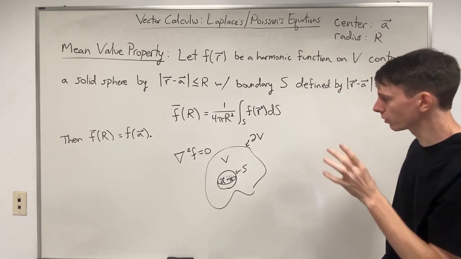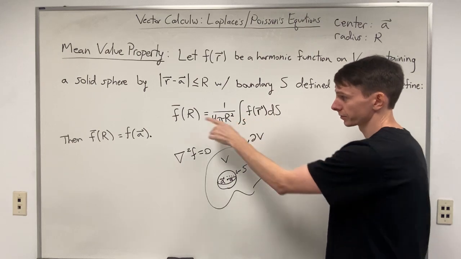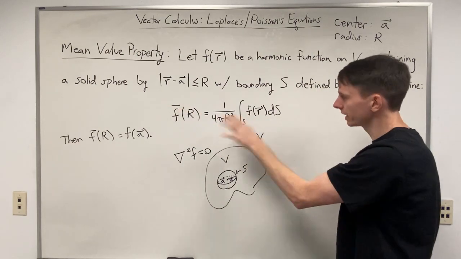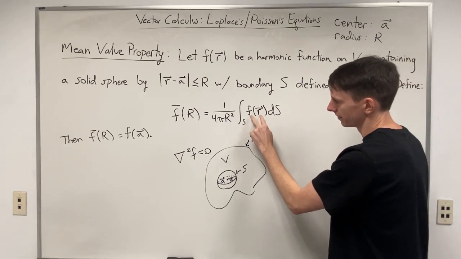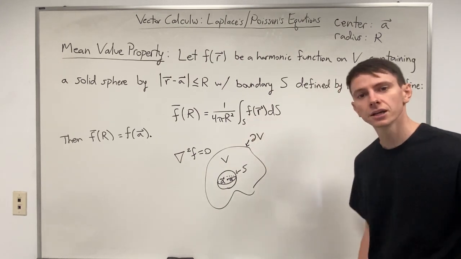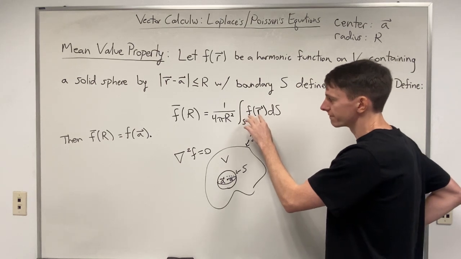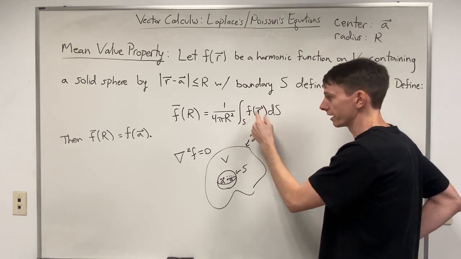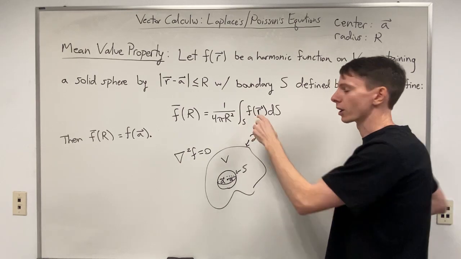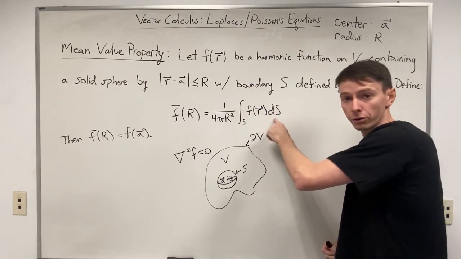I want to make sure that we're not confusing this somehow with the flux of this quantity, because it might look like that. We see this integral, and we have a function integrated over S. Keep in mind the flux applies to when we're integrating a vector valued quantity, a vector field, right? And we're adding up the normal components of that vector field over the boundary.